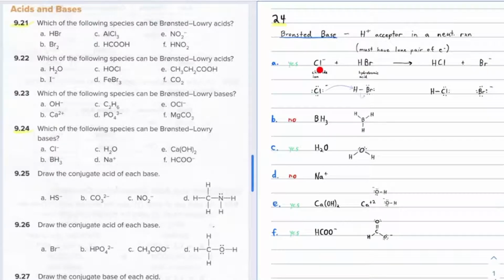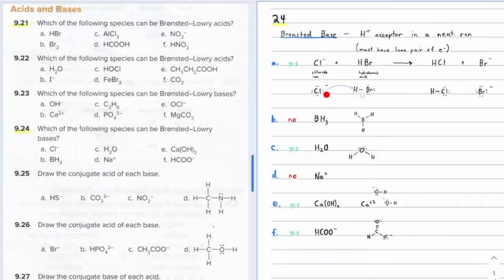If you draw the Lewis dot structure of chloride, you can see the ion has 4 lone pairs of electrons around it, and it's negatively charged. So here's the Lewis dot structure of HBr.